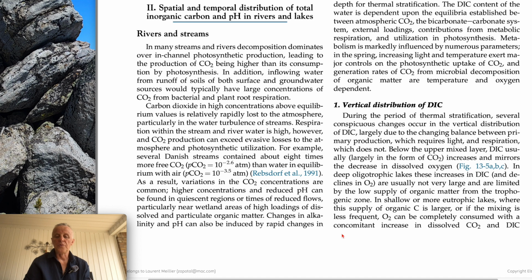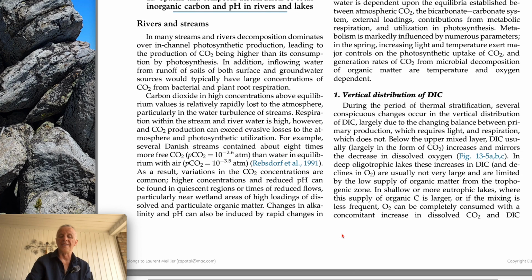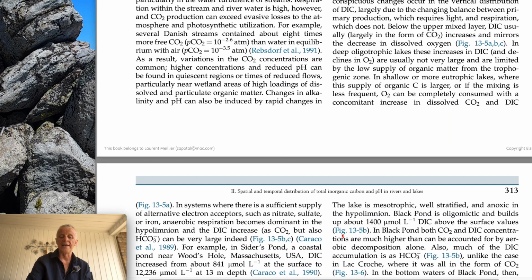In deep oligotrophic lakes, these increases in DIC are usually not very large and are limited by the low supply of organic matter from the trophogenic zone. In shallow or more eutrophic lakes, where the supply of organic carbon is larger, or if the mixing is less frequent, oxygen can be completely consumed with a concomitant increase in dissolved CO2 and DIC.